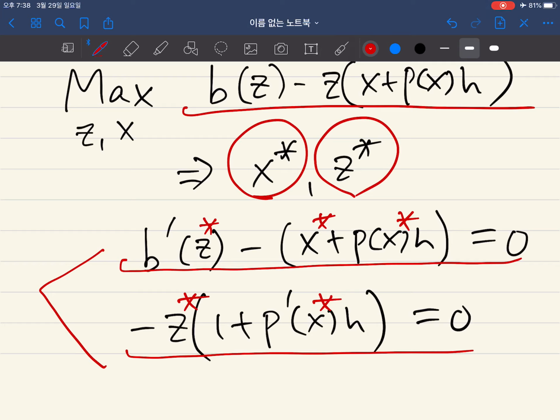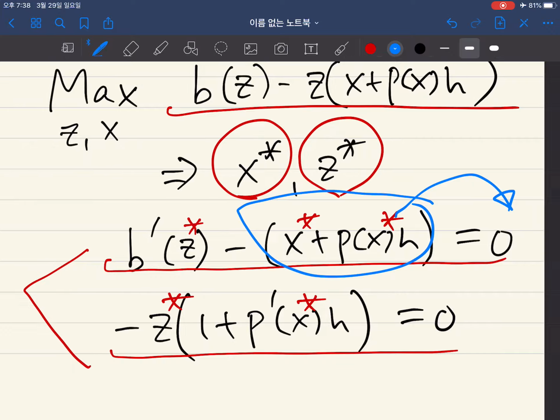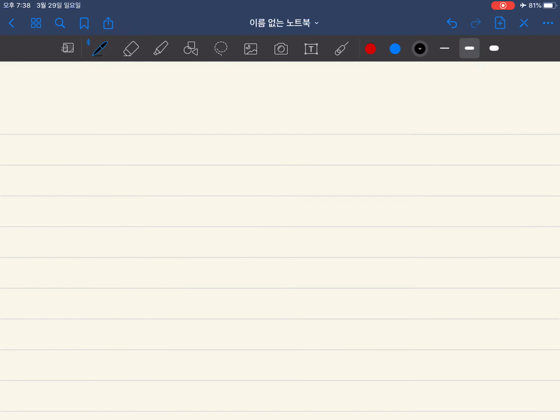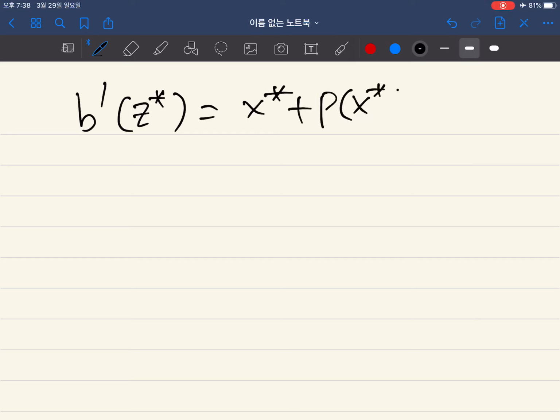And okay, then look at the first equation. Move this term to the right hand side.